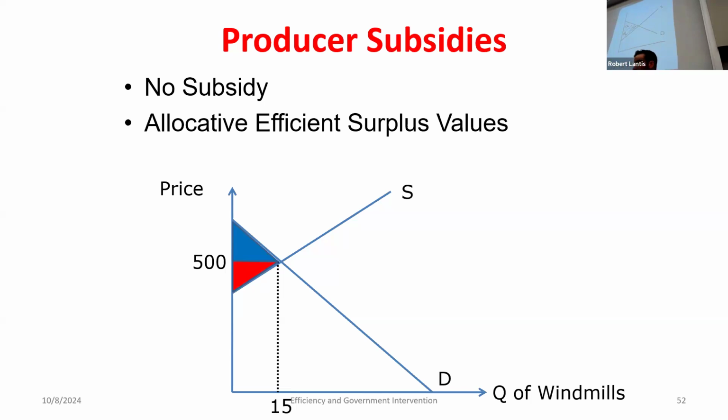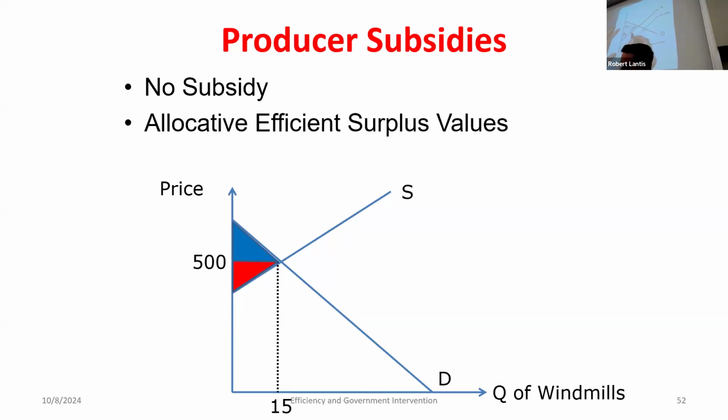What's going to happen if we have a subsidy in this market? If we have a subsidy in this market, where are producer and consumer surplus now going to be? Well, the new quantity we see after this subsidy will now be higher.